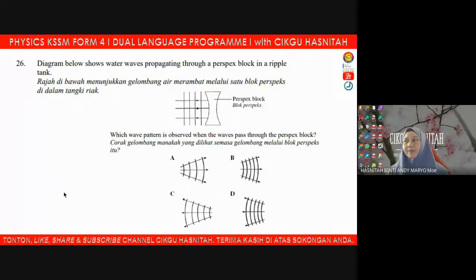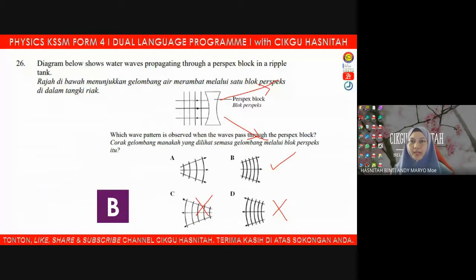So which one show divergence? Ini you can reject, because it should be diverged in this direction. This is the direction of propagation. So you can reject C and D. So you can consider A and B. Again, above the perspex block, what happened to the wavelength? It should be decreases, shorter. So answer supposed to be B. Yes, congratulations for those who answering B.